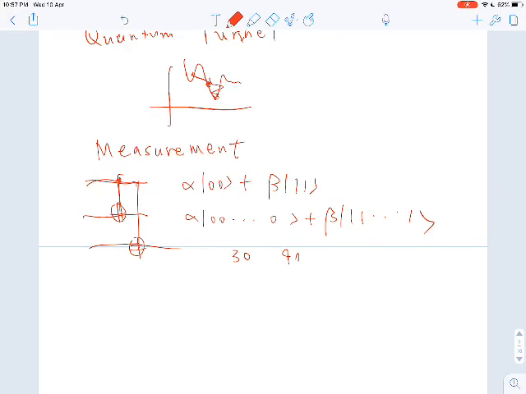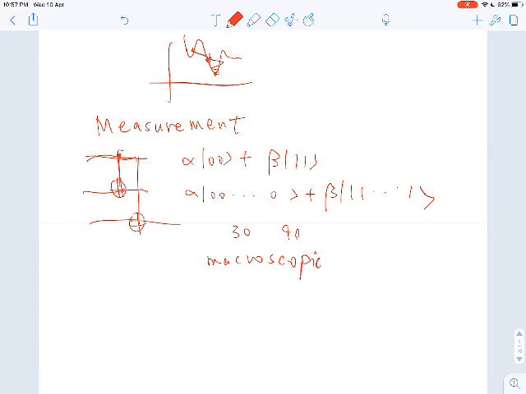But actually, in the macroscopic world, we can observe no quantum entanglement state, right?